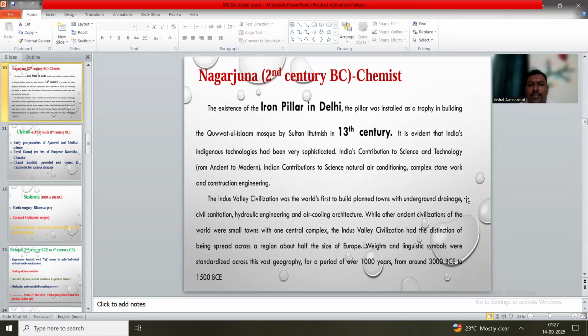While other ancient civilizations of the world were small towns with one central complex, the Indus Valley civilization had the distinction of being spread across a region about half the size of Europe. Weights and linguistic symbols were standardized across this vast geography for a period of over 1,000 years, from around 3000 BC to 1500 BC.